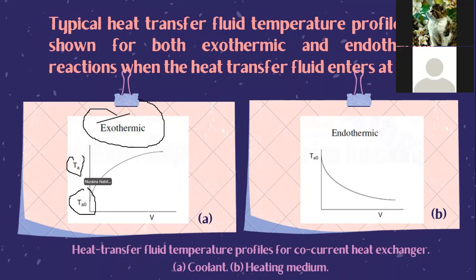So A is for the coolant. When Ta0 enters at a low temperature, the outlet will become a high temperature, while in the heating medium case, B, Ta0 will enter at a high temperature and the outlet will become a low temperature. Okay, next I will pass to Sofea.